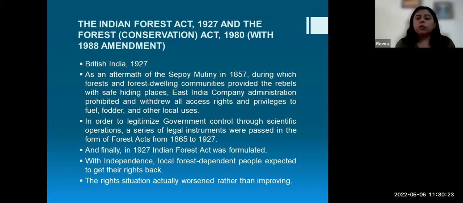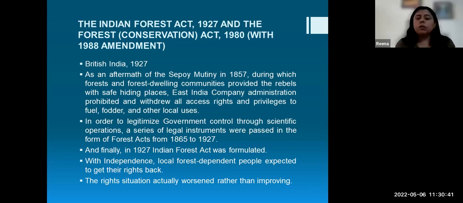But after independence, whatever access rights and privileges the East India Company had withdrawn from the local people and forest-dwelling communities were given back.